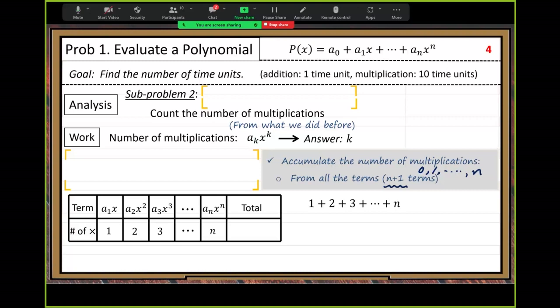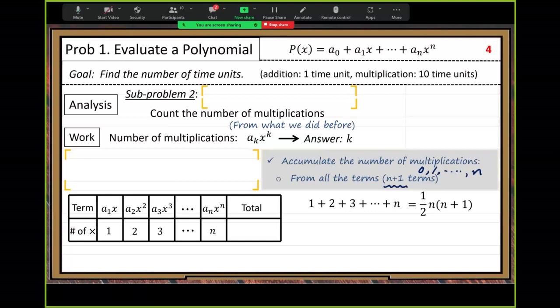The summation of the first consecutive positive integers, there is a famous formula. I do not ask you, I just write it out. So it is 1/2 times n times n plus 1.